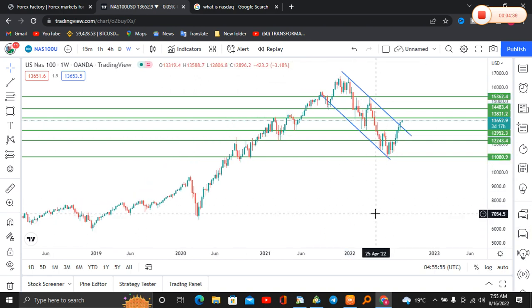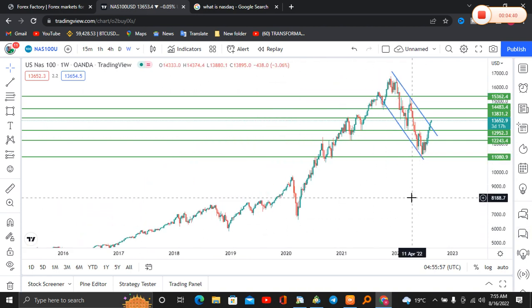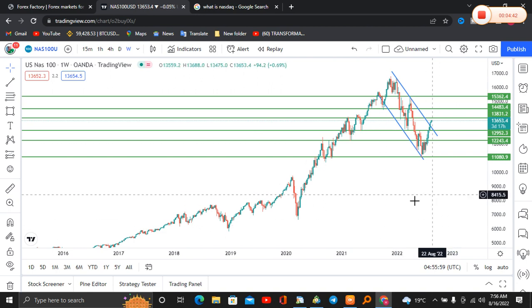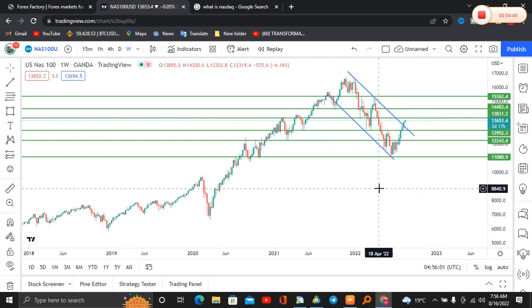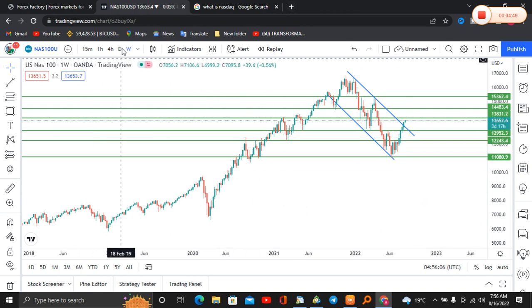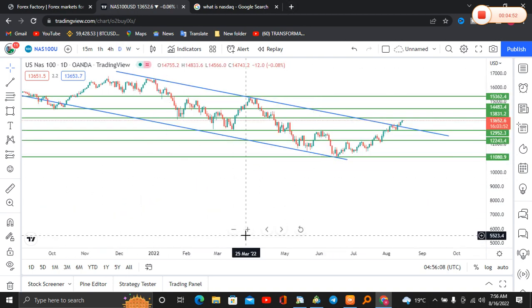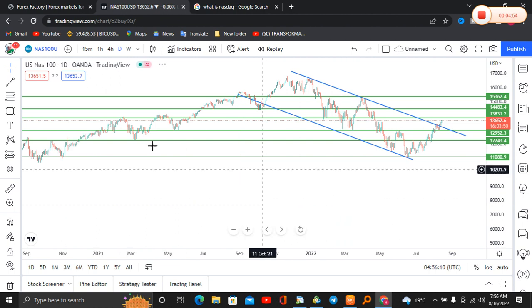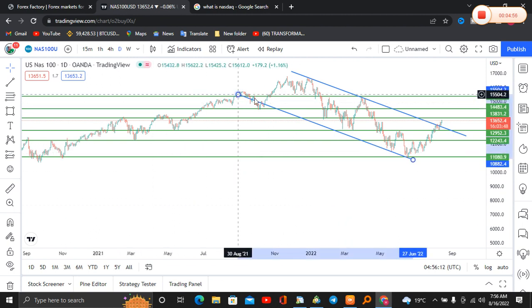Now this is our support level. I can clearly see that we have a little bit of a wedge, which is a falling wedge in NASDAQ, so I'm going to scroll down to my daily time frame to clearly see where NASDAQ is heading.